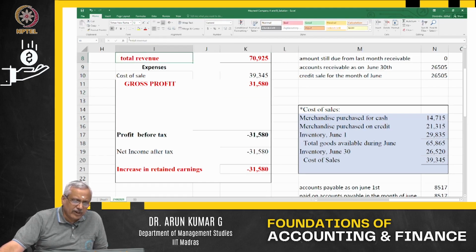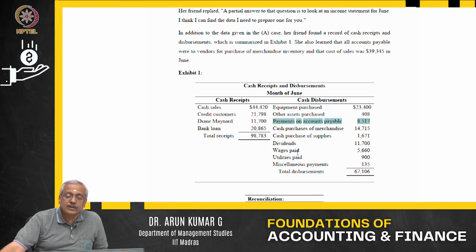Now, moving further in this particular case, let us look at the other expenditures. Cash purchase over, payment account receivable over, then cash purchase of supplies 1617. What is this? Cash purchase of supplies 1617.